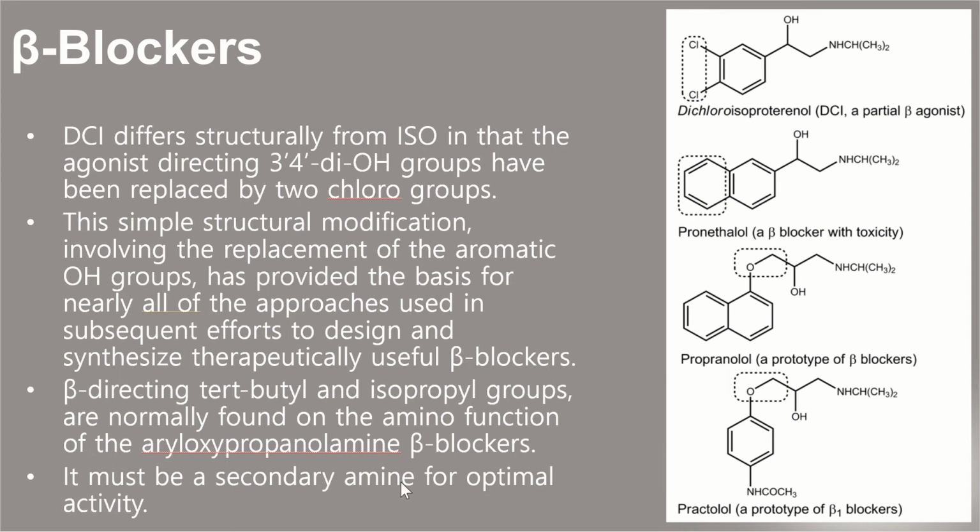It must be a secondary amine for optimal activity, so we must have two R groups. The isopropyl here is attached to an R group here as well, so it is a secondary amine, and that is important for activity.